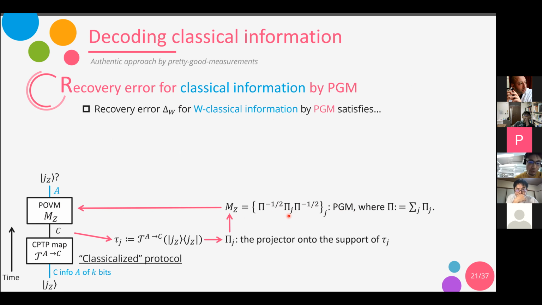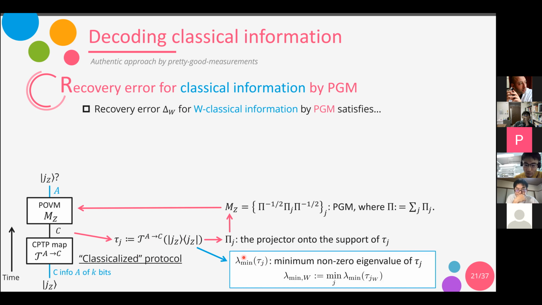But to explain the sufficient condition, let me first introduce one more notation related to this state, tau j. We are going to use lambda min of tau j, which is just the minimum non-zero eigenvalue of this state tau j. Then we take the minimization of lambda min tau j over all j. Here j is k qubits, so we have 2 to the k choices, and we just take the minimum over these.